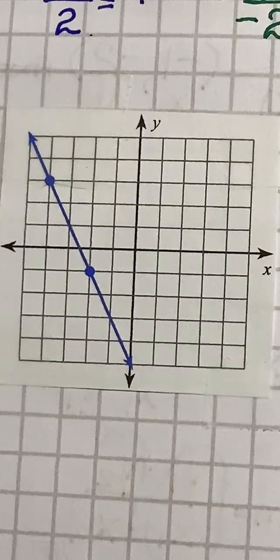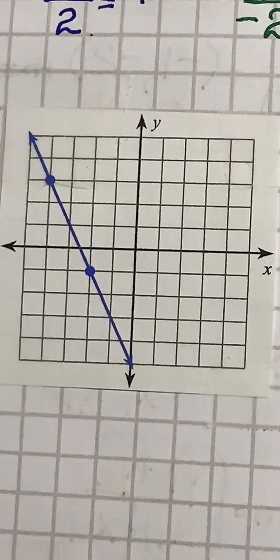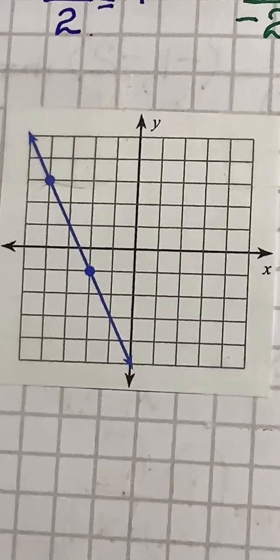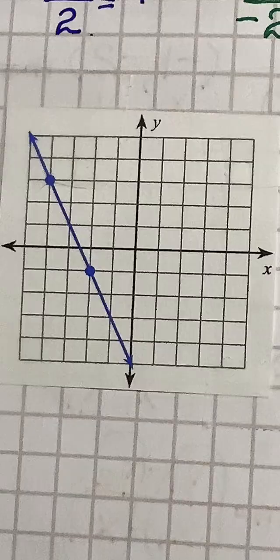Okay, Ben saying -2. Slippery slope. How are you? Okay, we're saying 4 over -2.